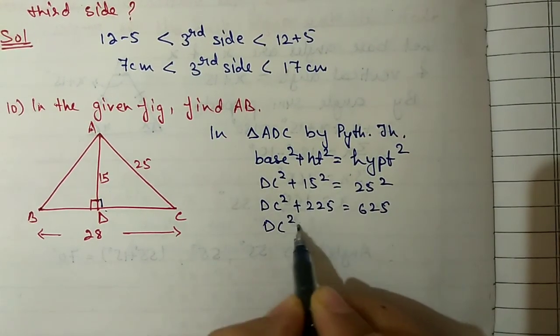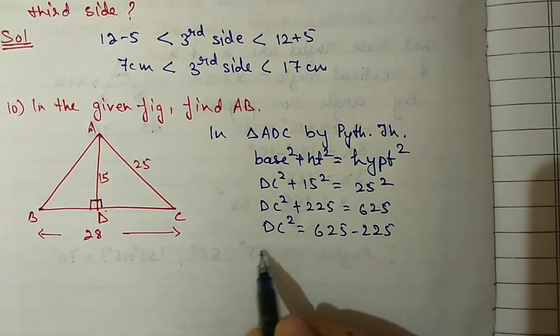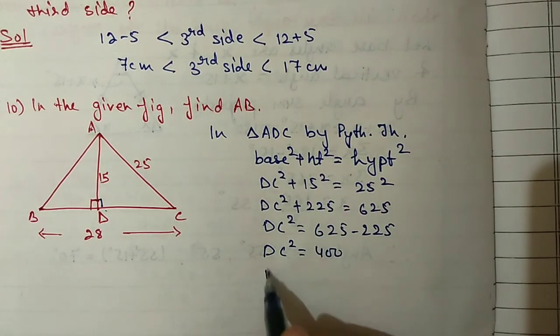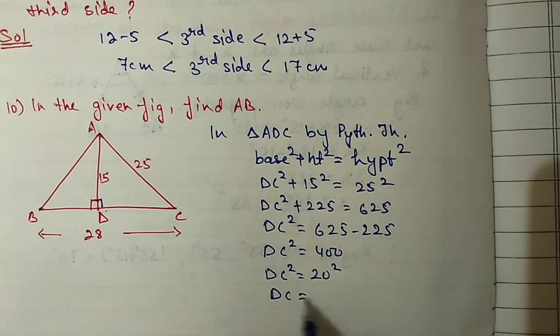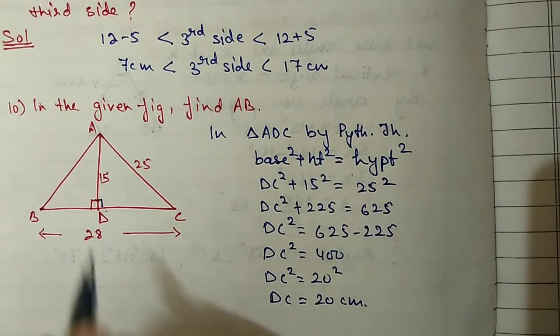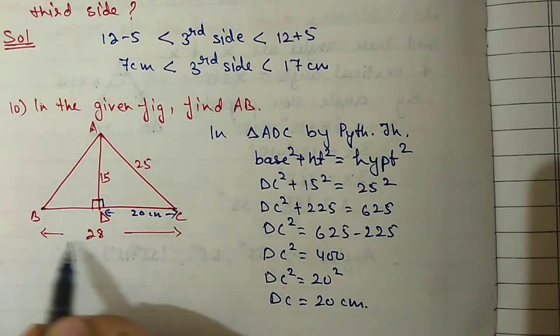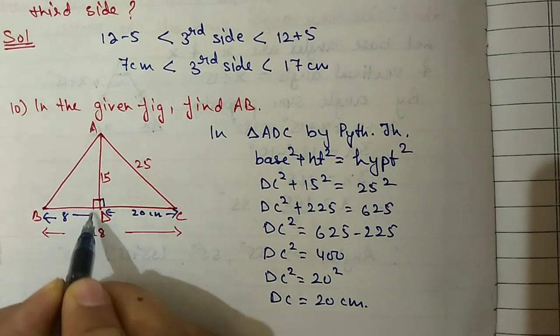So DC square will be 625 minus 225 equal to 400, and 400 we can write as 20 square. So the value of DC is here 20 centimeter. So here to here it is 20 centimeter. This total is given 28. It means this remaining is 8 centimeter.